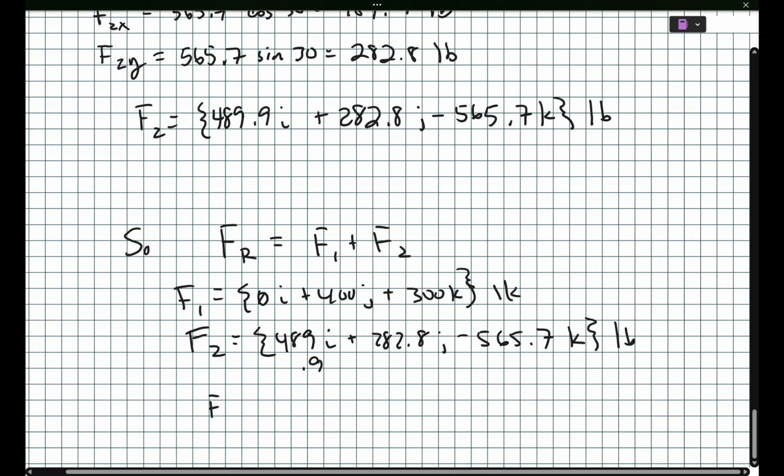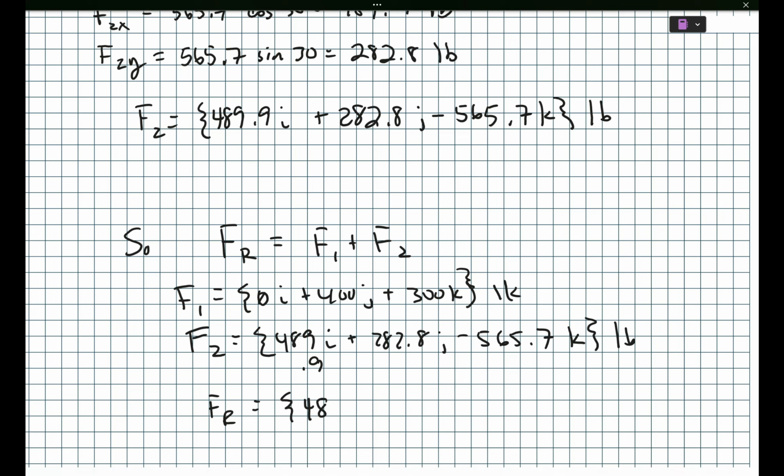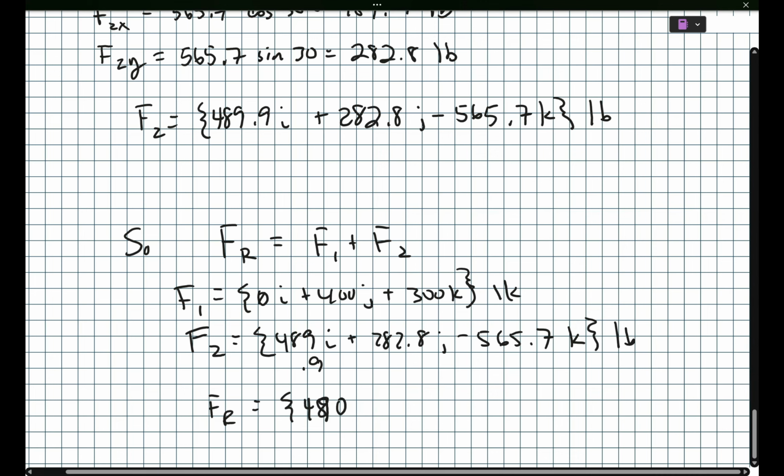All right, so then we can say F sub r, the resultant for us, is going to be 489.9, you can say 490i plus 683j minus, that's about 266k pounds.